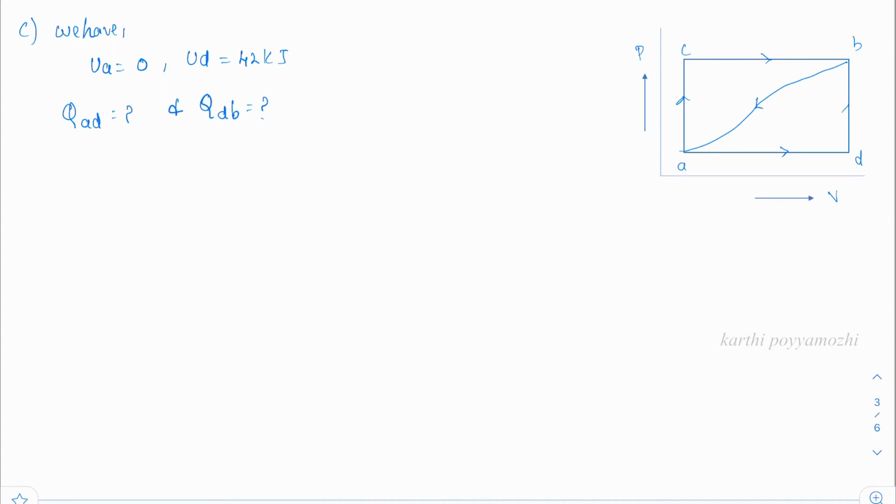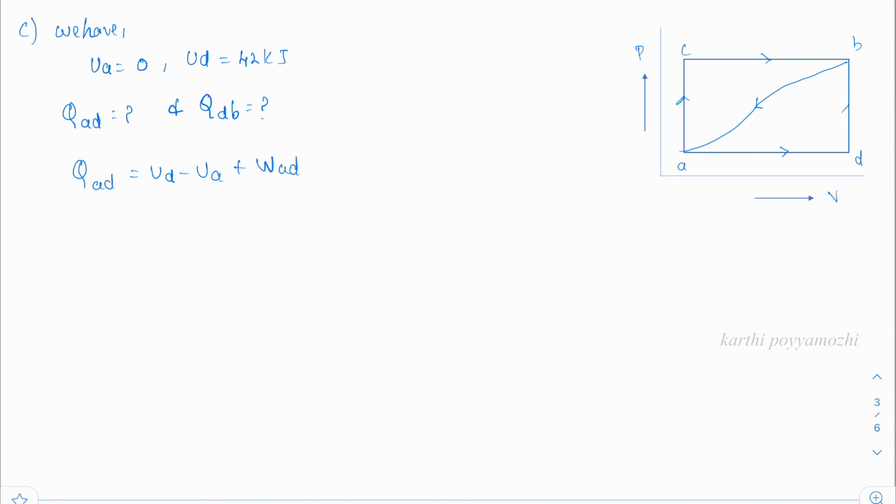Let's find the heat which is given to the system along the path AD, that is Q of AD, which is equal to UD minus UA plus WAD. Here we have two unknowns: we should find the heat transfer along this path AD, and WAD is also unknown.